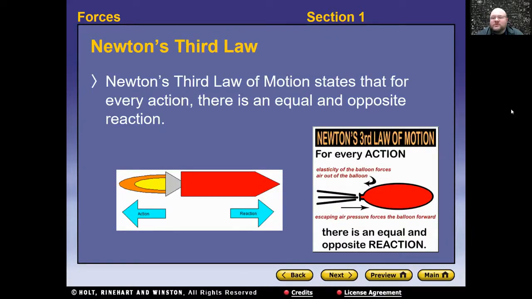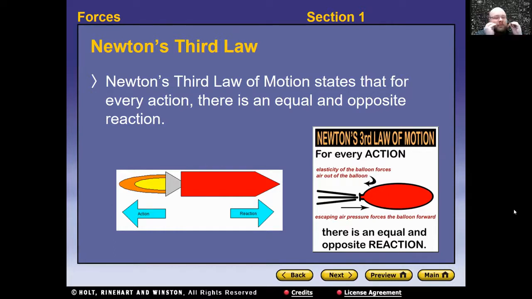And then let's look at Newton's third law of motion. In Newton's third law of motion, it says that for every action, there's an equal and opposite reaction. You have this picture here of a rocket ship. It's blasting off to the right because the propulsion is blasting off to the left. So that's an equal and opposite reaction. Same with a balloon.